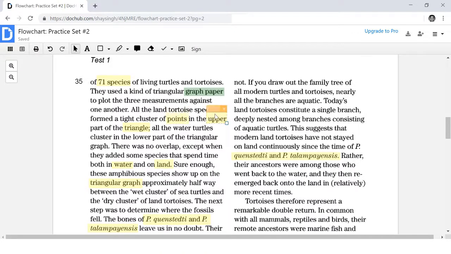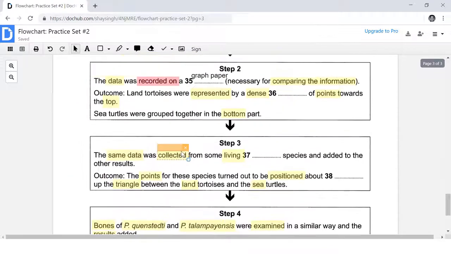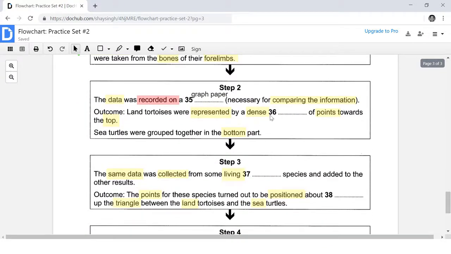All the land tortoise species formed a tight cluster of points in the upper part of the triangle. Okay, so what of points? It said it formed what of points? Tells you right here. A tight cluster of points. Look at the question. A dense what of points?